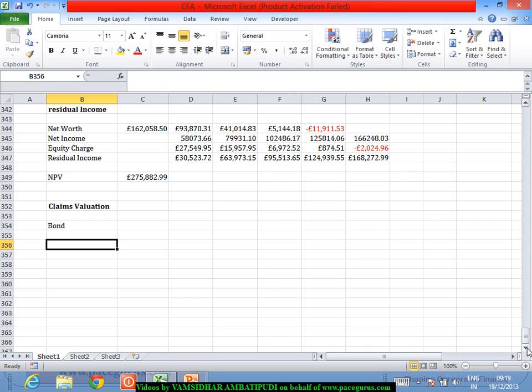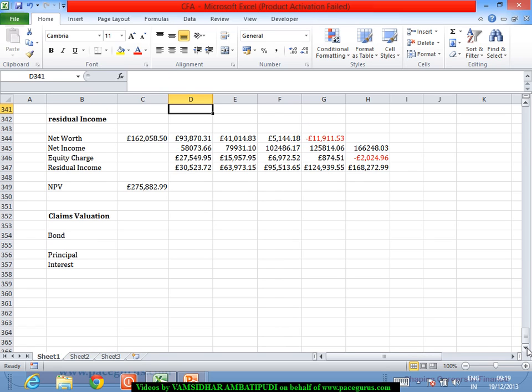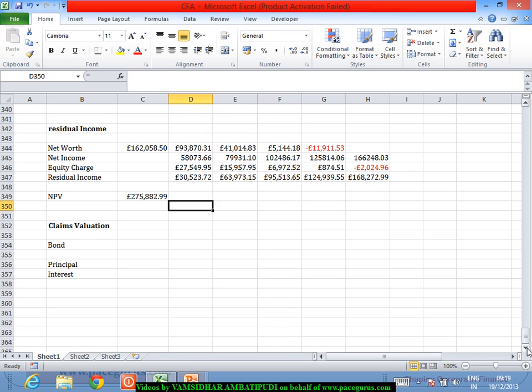So when I am looking at the bonds, my focus is on principal as well as interest benefits which the bond investors are getting in each of the years. Okay, what is the principal repayment? Look at the change in the debt. The change in the debt is what will contribute to the principal repayment in each of the years.